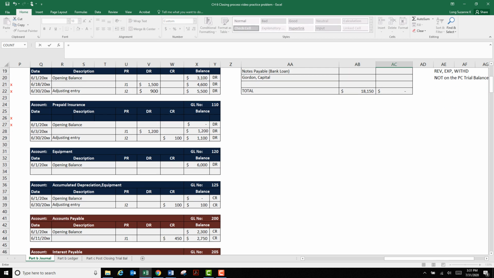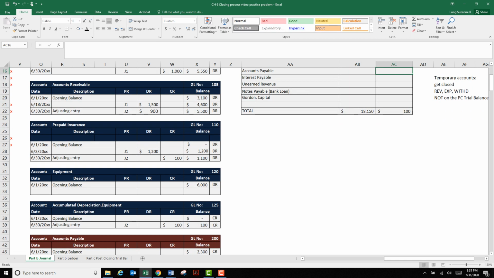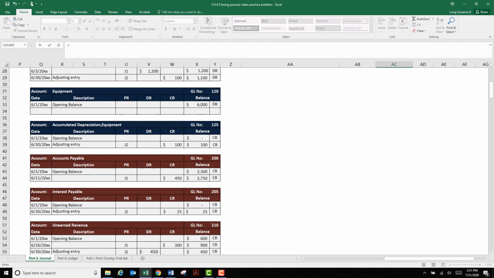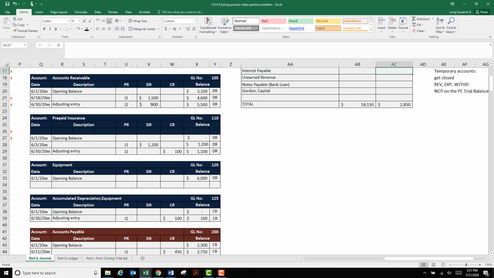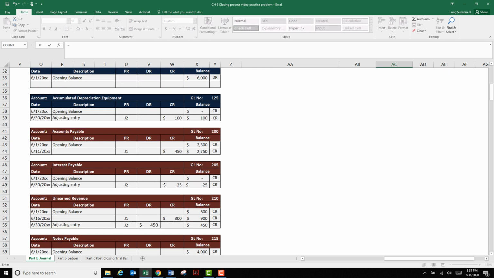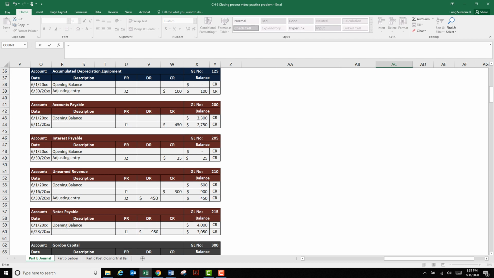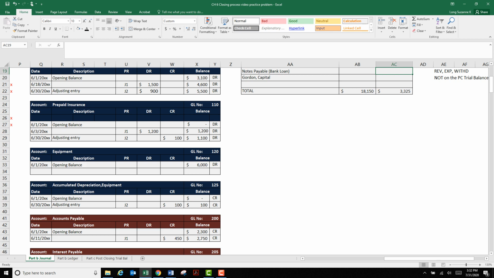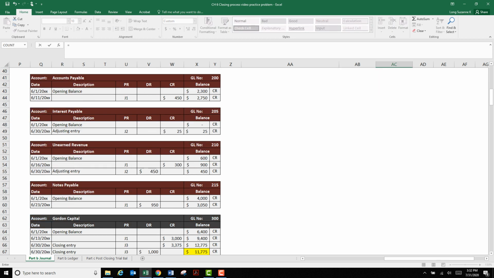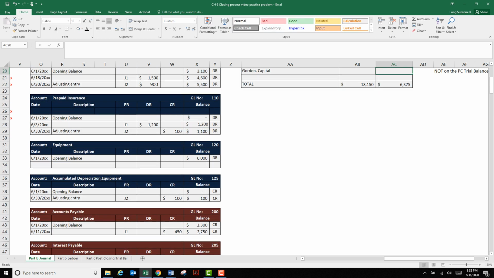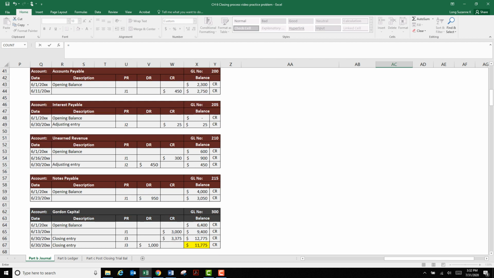Accumulated, where are you? And shifting to liabilities, interest, unearned, note payable, and that beautiful ending capital amount.